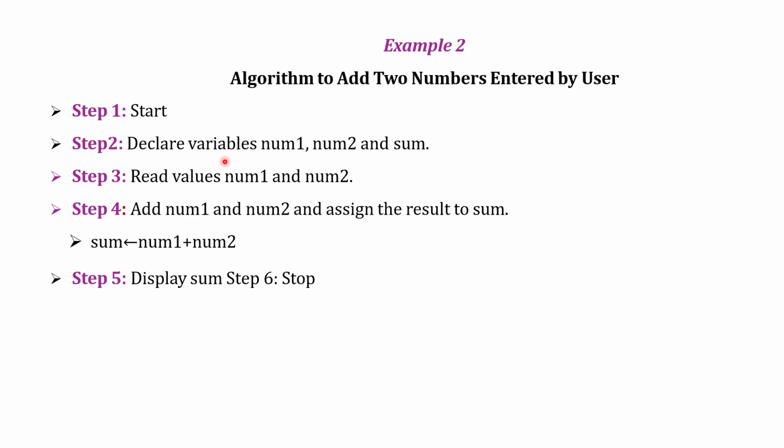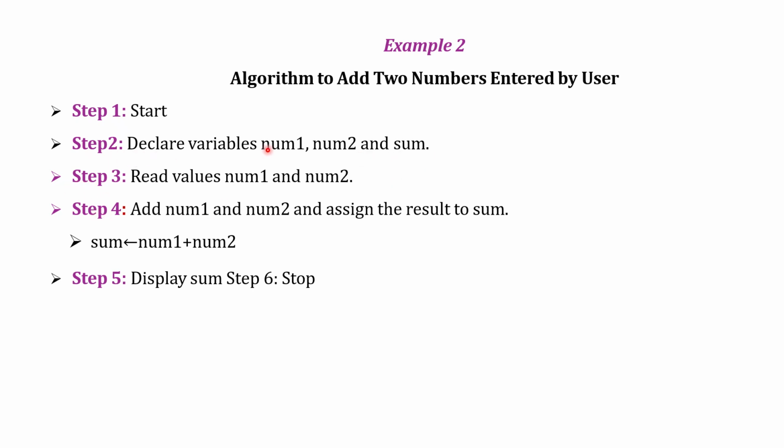I'm using the term variable. We will see the proper meaning or definition of variable in the coming lectures. So to have two numbers, we need two input variables, that is num1 and num2, and sum. These are the names given to the data holder: num1, num2 and sum.